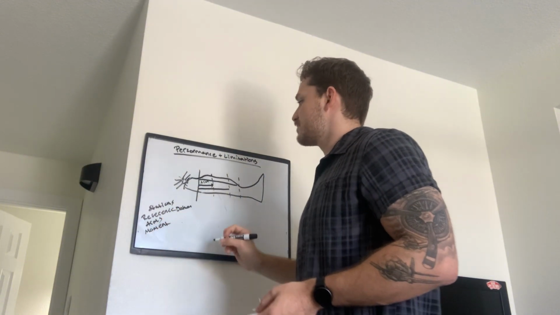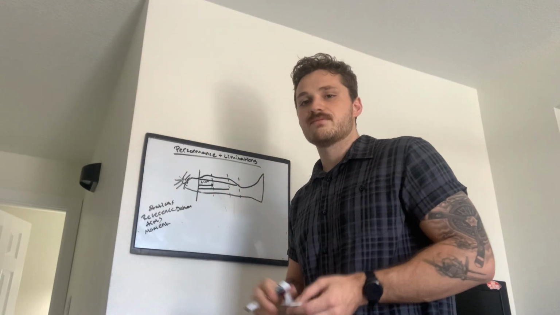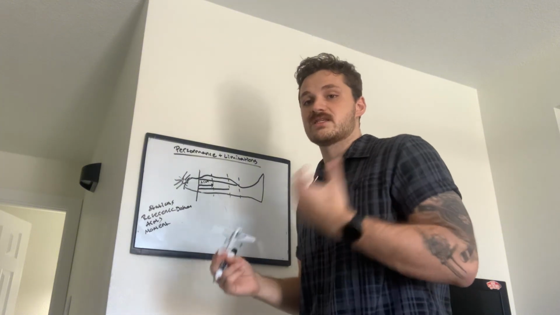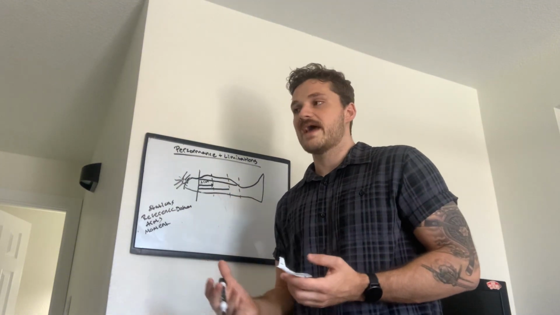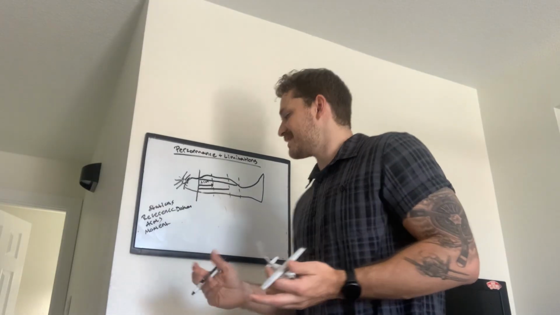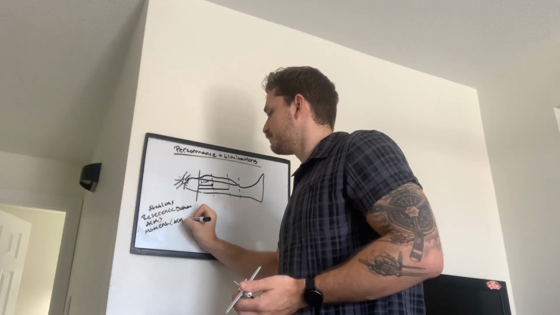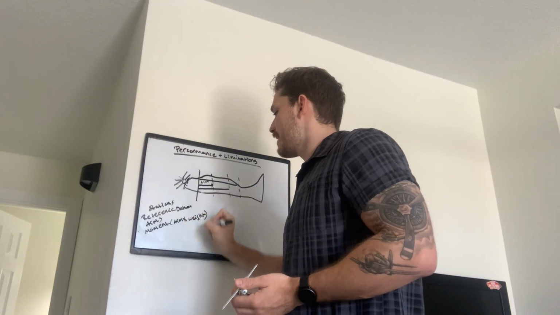Now a moment is going to be the weight that we actually have at this station multiplied by the arm. So this is going to be the torque force that we're actually experiencing at this station, which is going to affect how we find our center of gravity. So the moment is going to be the arm times the weight at that station.